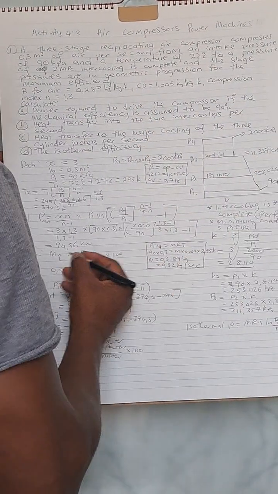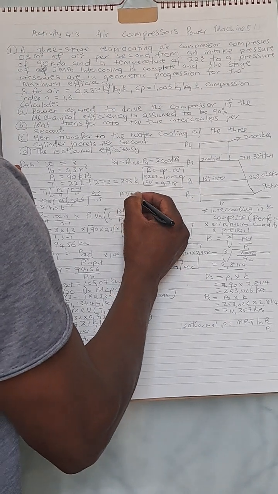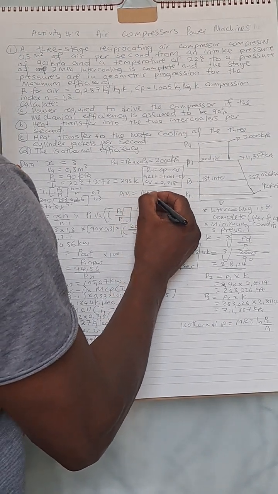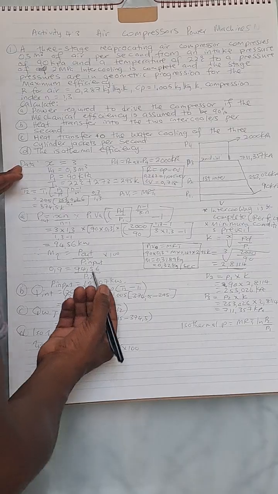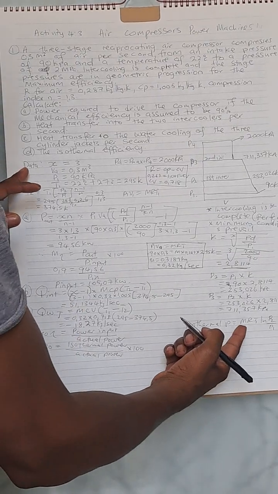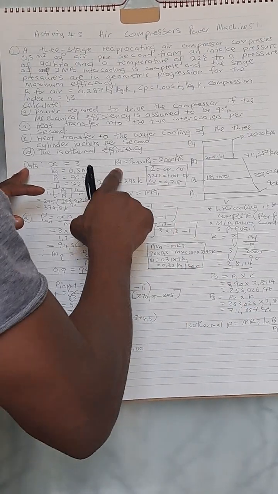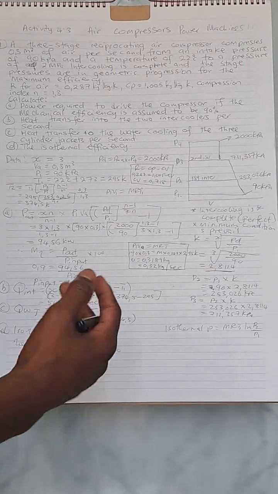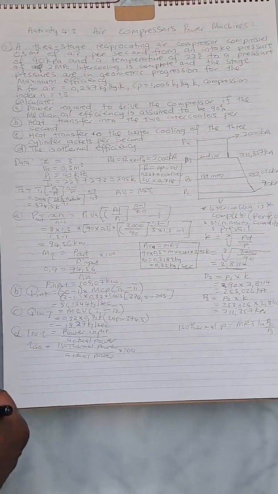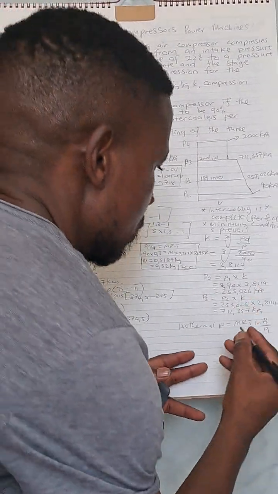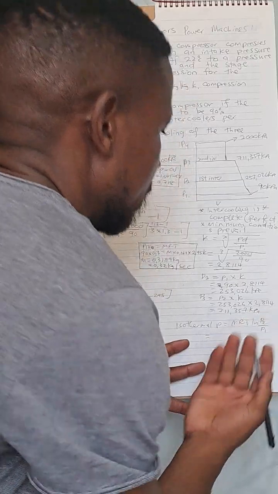Remember, Boyle's law says P1V1 equals MRT1, so we can replace MRT with PV, which is one and the same thing. We can use this one because we have everything already.